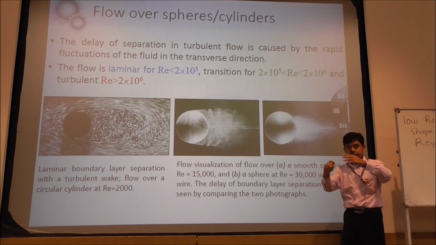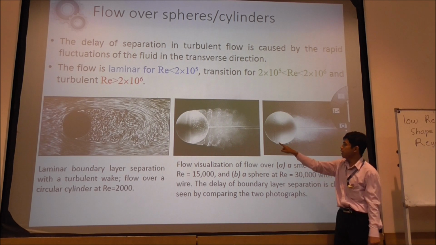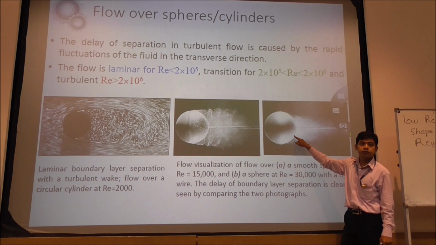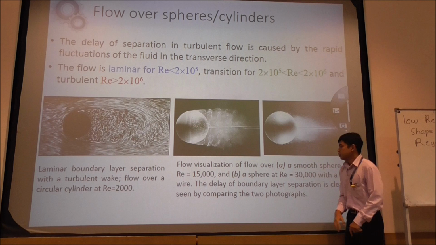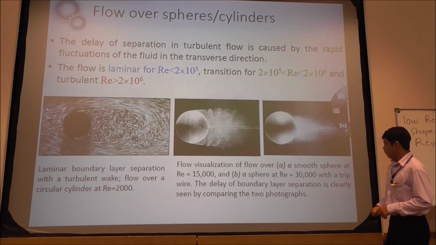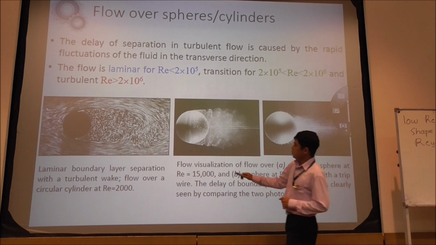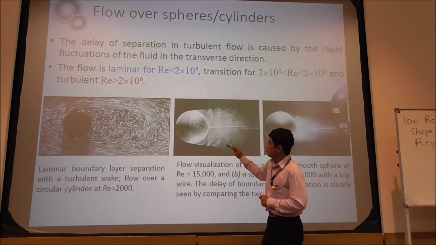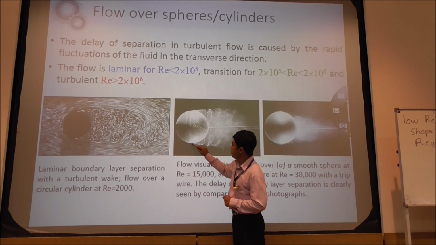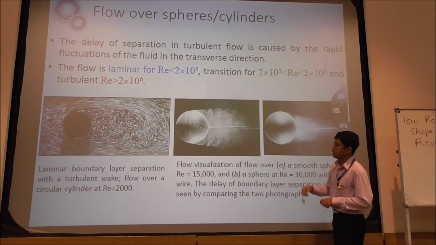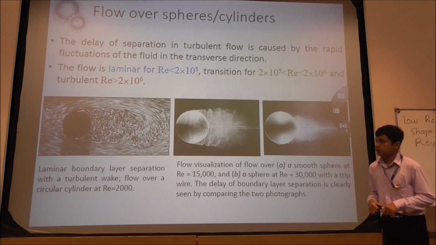So it is not fully attached, but it's reattached, right? Reattached and it detached in this region. Okay? So for a smooth sphere, for laminar, the detachment will occur earlier as compared to when you have a turbulator installed on the sphere.